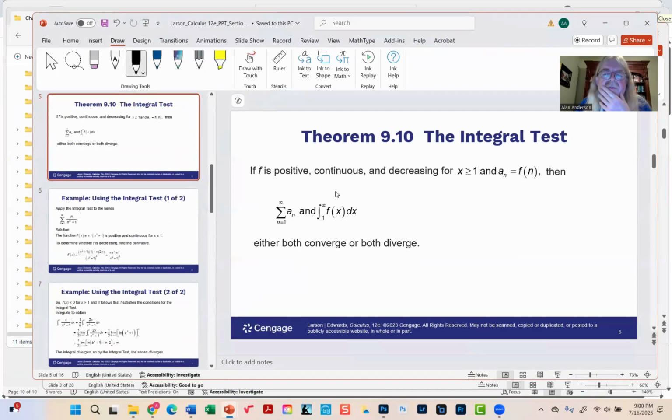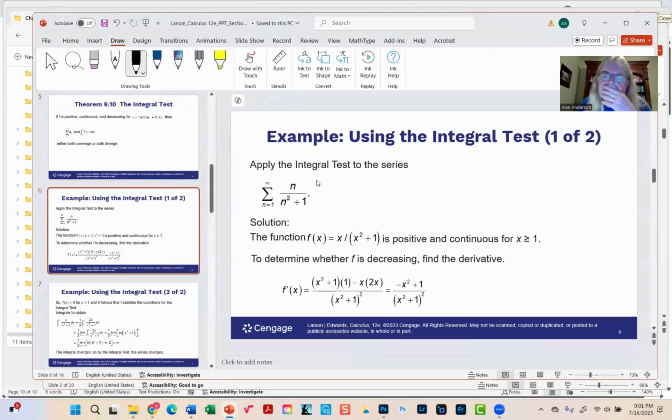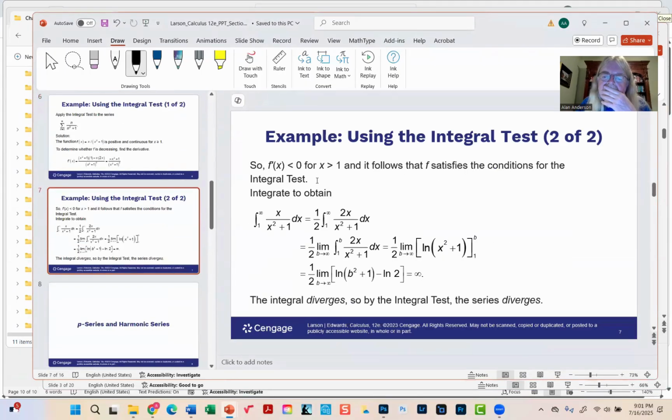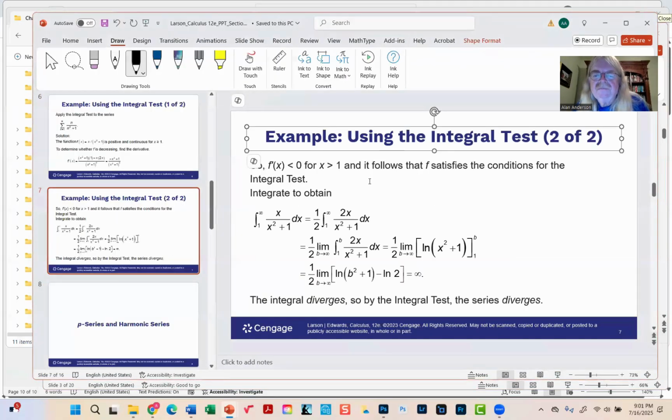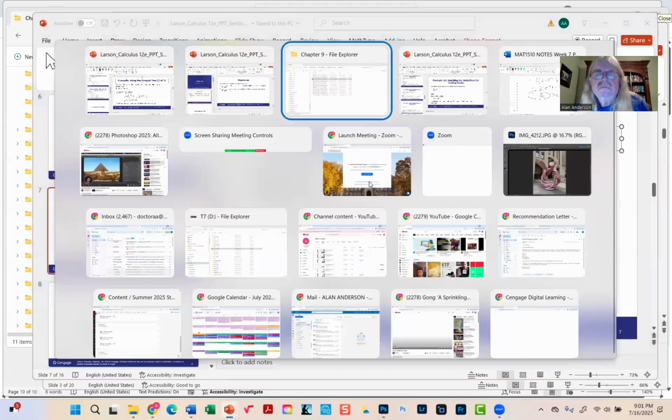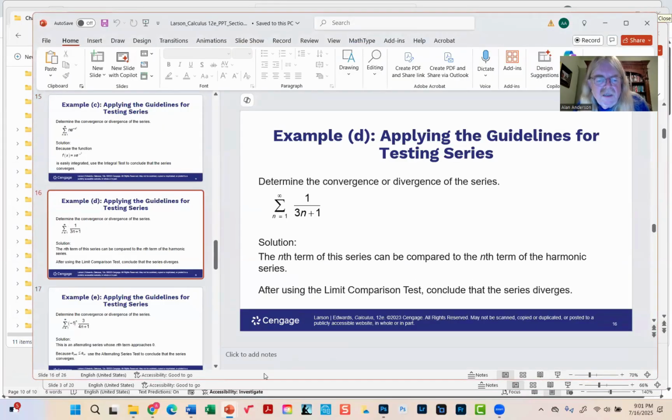So this one said if f is positive, continuous, and decreasing, then these either both diverge or converge. Okay, so in other words, if it's infinity, it diverges. So it looks like we're good. So it converges. Okay.